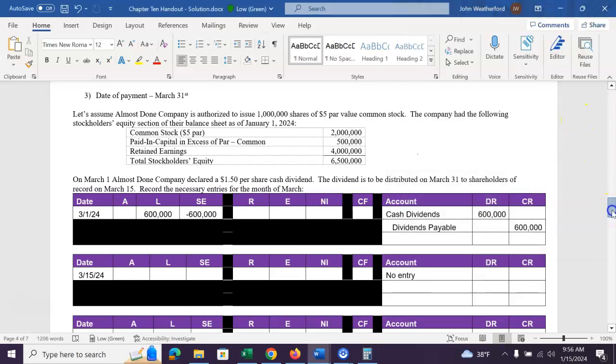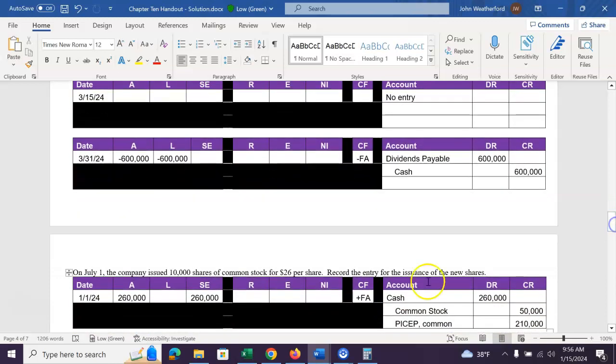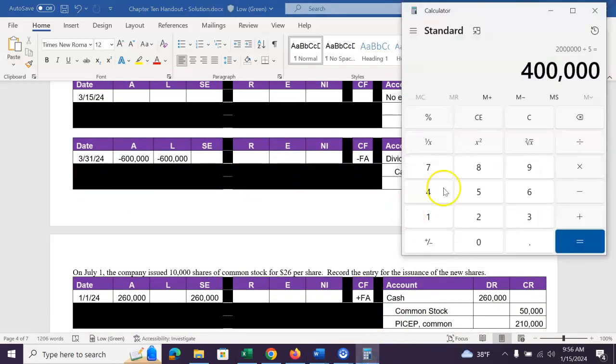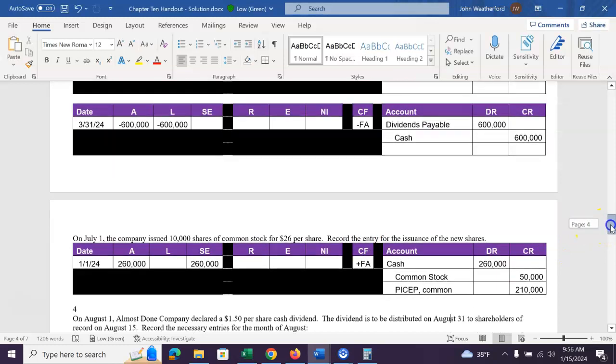Well, when we get to July 1st, we issued an additional 10,000 shares, right? So let's add that to the 400,000. So now if the company's going to declare a dividend, they have to pay it on the 410,000 shares that are issued at that point on August 1st, right?